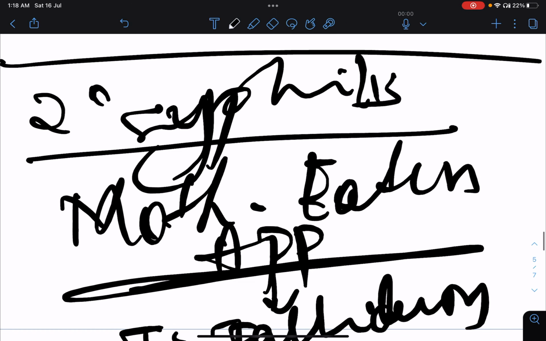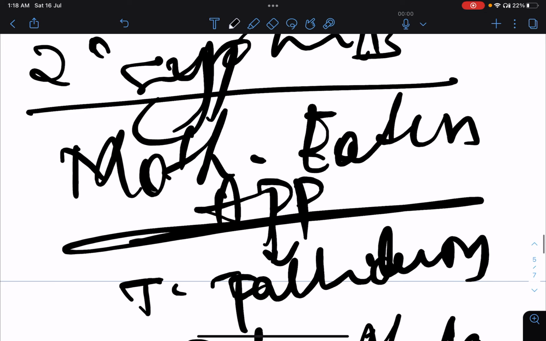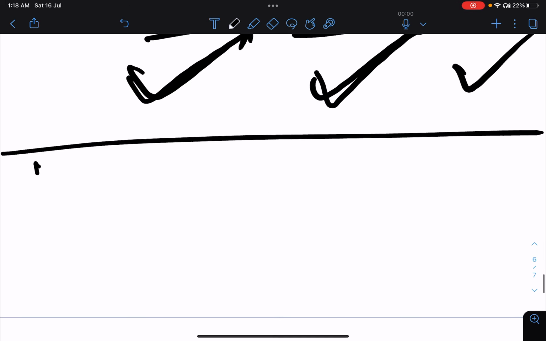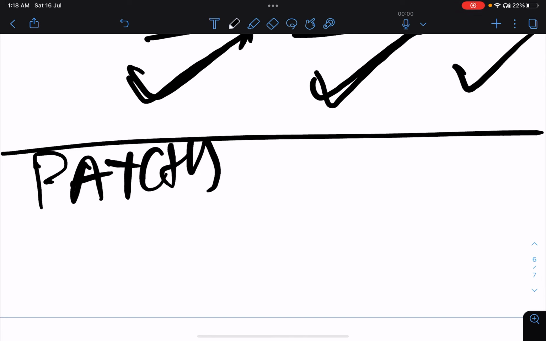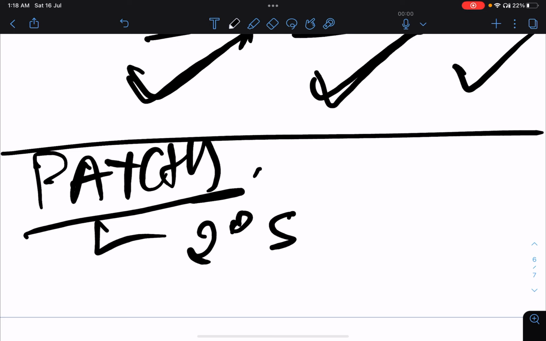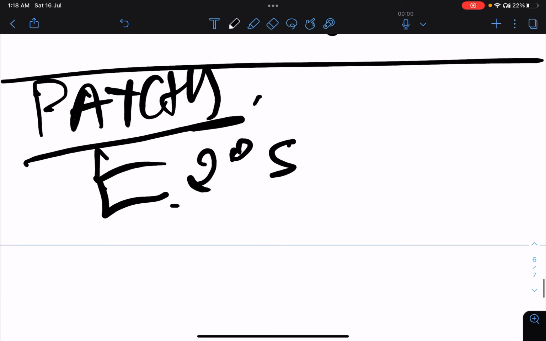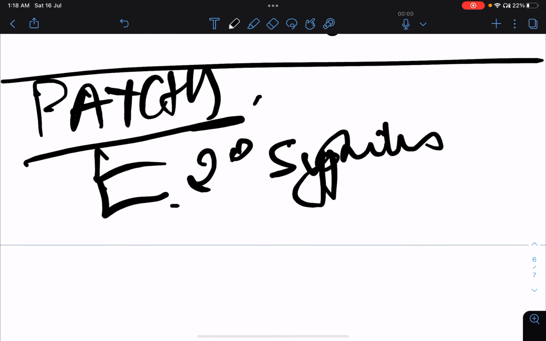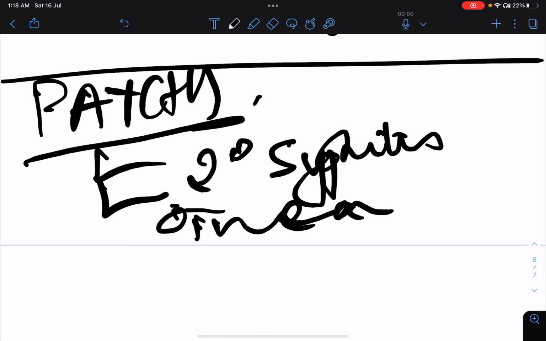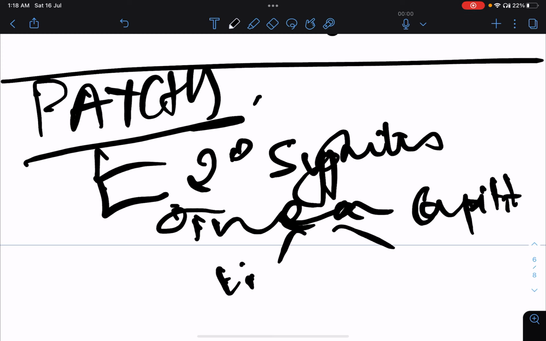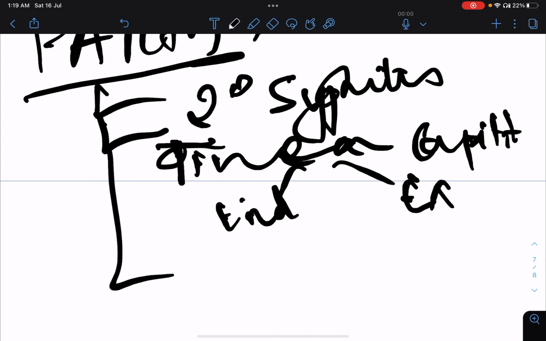Even secondary syphilis, when it gives a moth-eaten appearance, what I mean is that it's obviously again patchy. So when I'm talking about a patchy disorder, let me give it to you completely as patchy alopecia. First, let's say secondary syphilis. Next, I'm going to say tinea capitis, and in that I would say endothrix and exothrix.